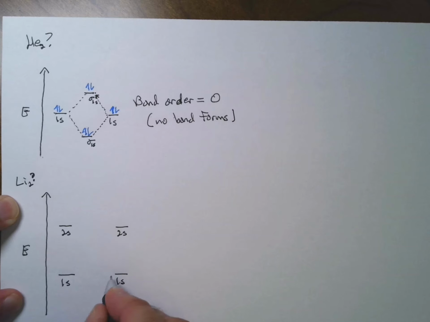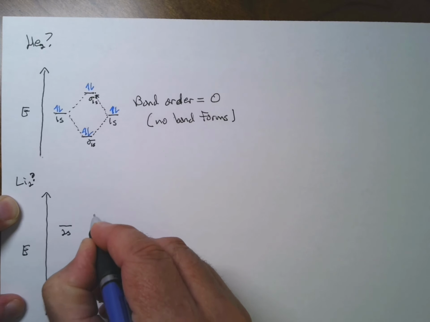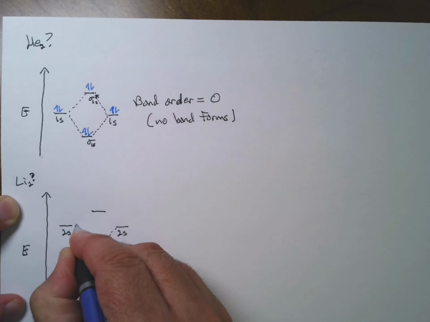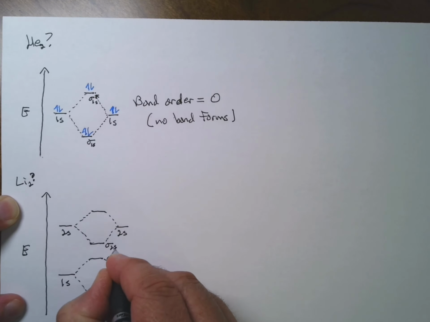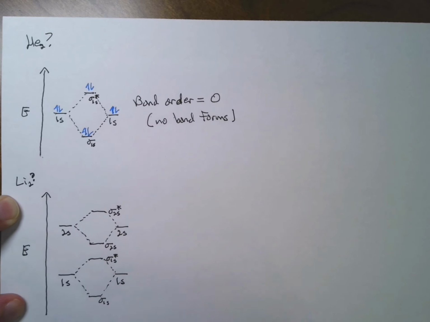Okay, we have 1s orbitals combining, and so we get a sigma 1s and sigma star 1s, and then our 2s orbitals are also combining to make sigma 2s and sigma star 2s.